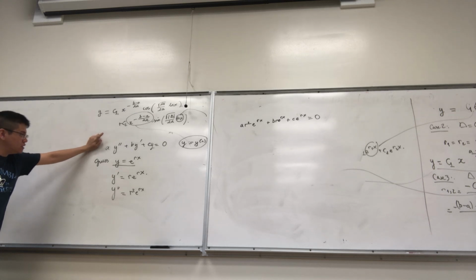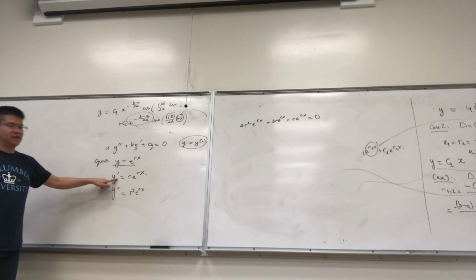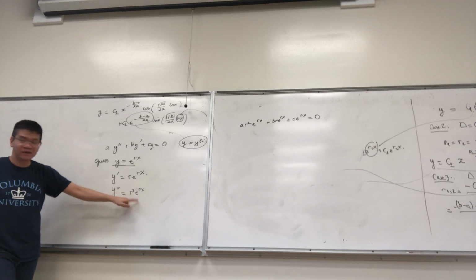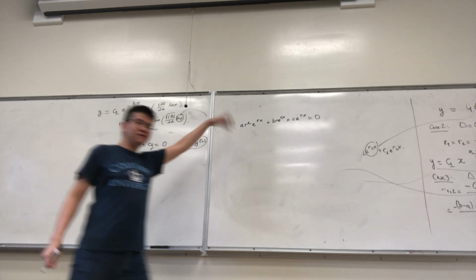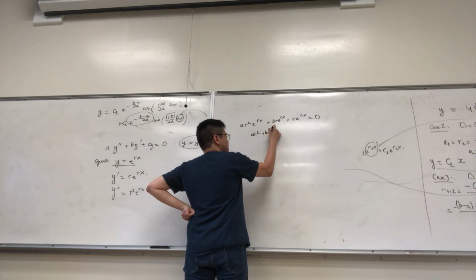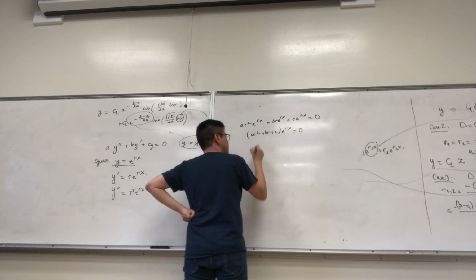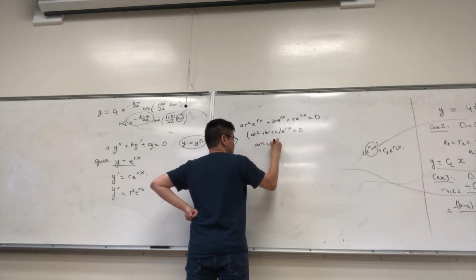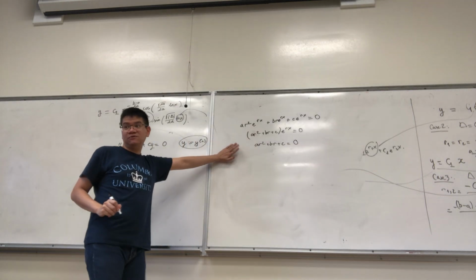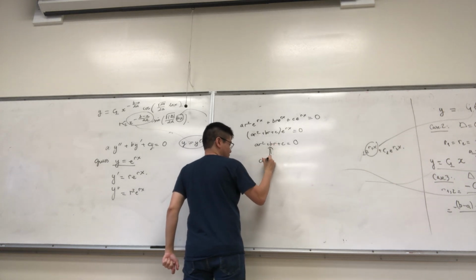If the solution is of exponential form, I take the first derivative, which gives me r e to the rx. The second derivative gives me r squared e to the rx. You plug everything into the equation, then you get (a r squared plus b r plus c) e to the rx, and this is 0. So a r squared plus b r plus c has to be 0. And this is the characteristic equation.